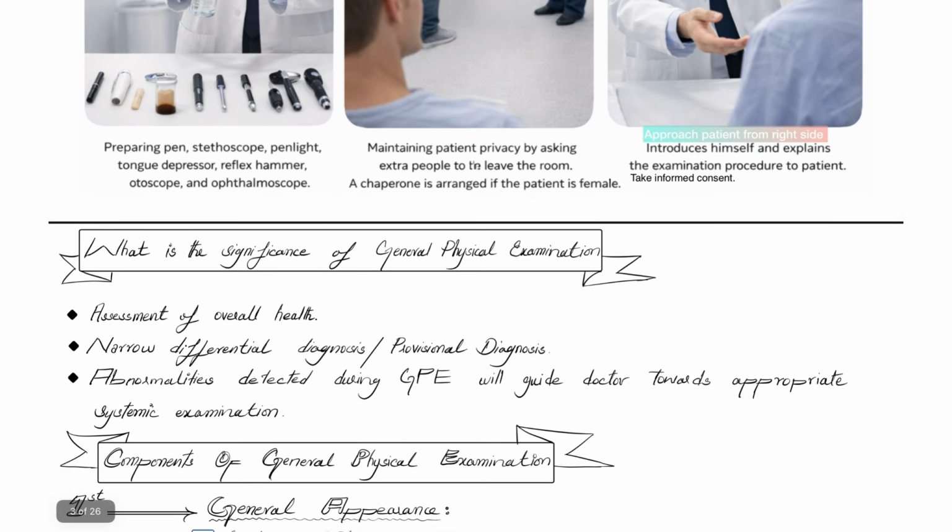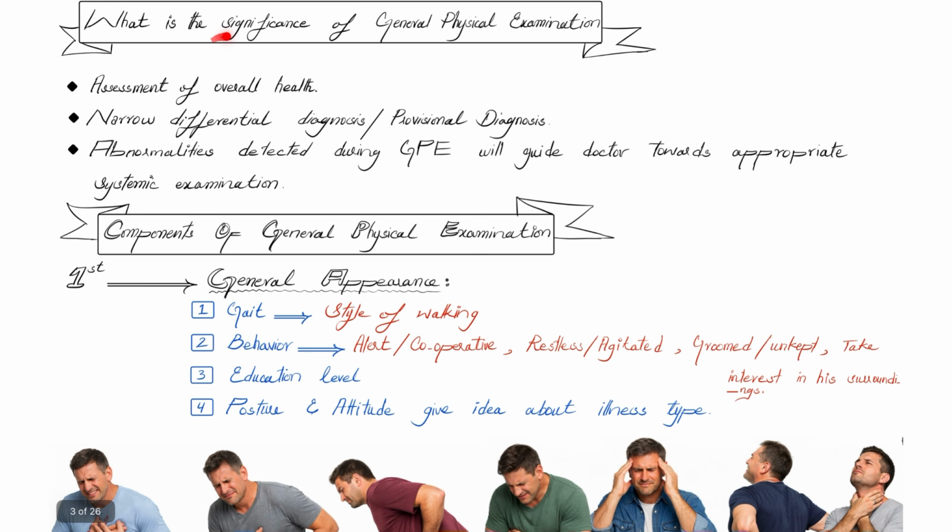Then what is the significance or importance of general physical examination? It is done for the assessment of overall health so that it narrows our differential diagnosis, like the list of possible diagnoses that we had made, or the provisional diagnosis, the most possible diagnosis that we have already made from the history of the patient.